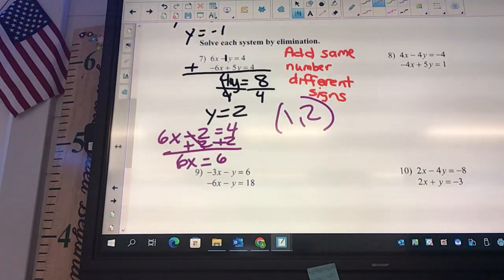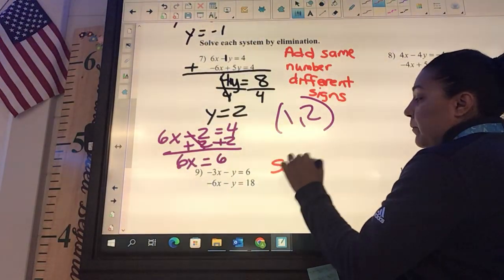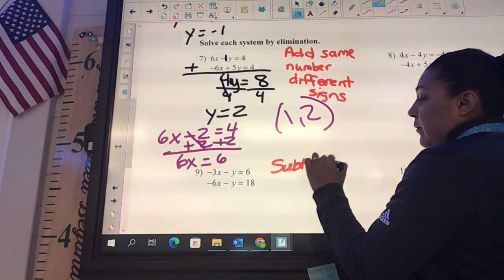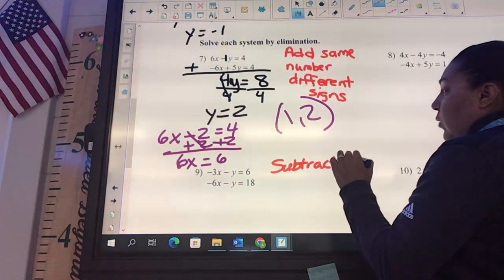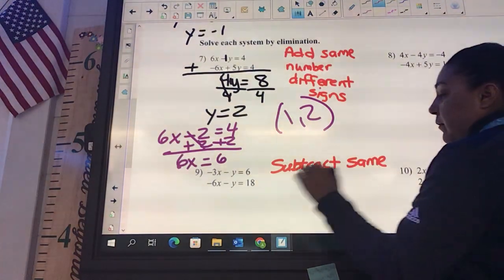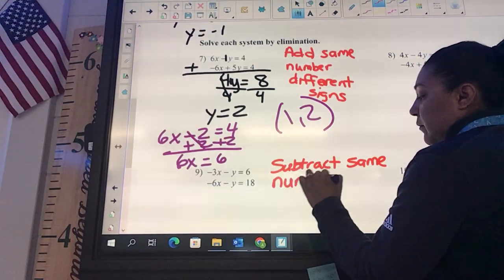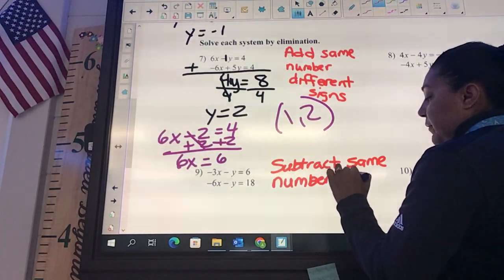Okay, on 9, you can see we got, you subtract them when you got same number, different signs.